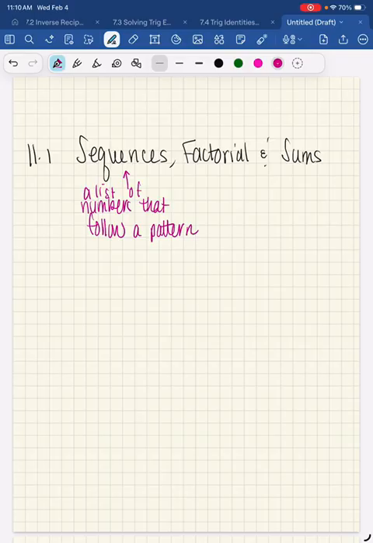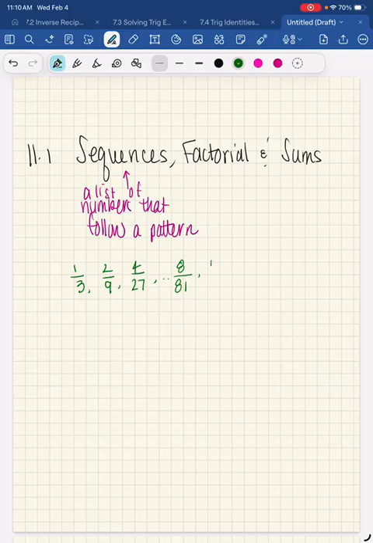So, for example, if I gave you a pattern such as 1/3, 2/9, let's change that 3 to a 4, let's make that 4, 4/27, etc. I think if I asked you to figure out what the next number in the pattern was, you would maybe be able to tell me that the numerator is 8 and the denominator is maybe 81.